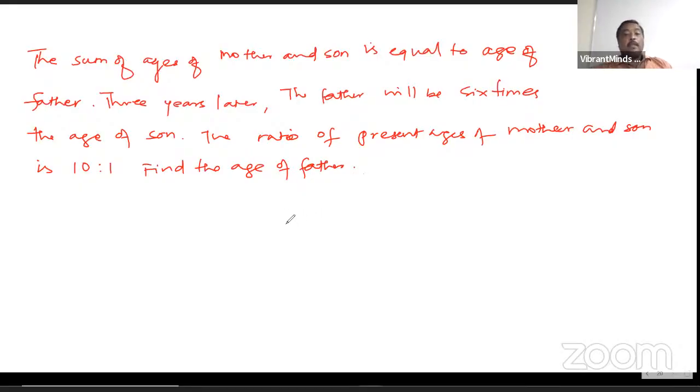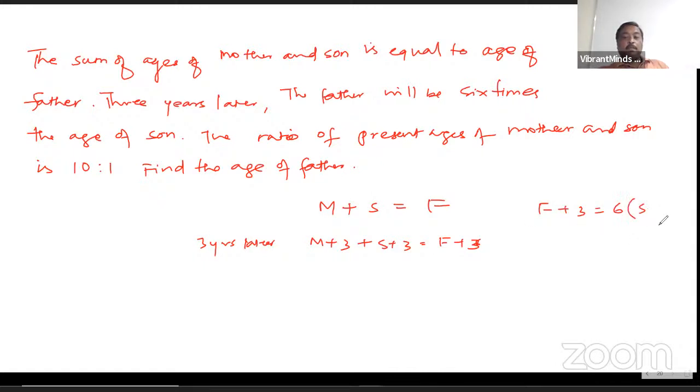Now see, it is saying mother plus son is equal to father. 3 years later, so when I am saying 3 years later, mother will be added by 3, son will be added with 3, and father will be added with 3. And it is saying father plus 3 will be 6 times the son's age. Can I say F plus 3 is equal to 6x plus 18?